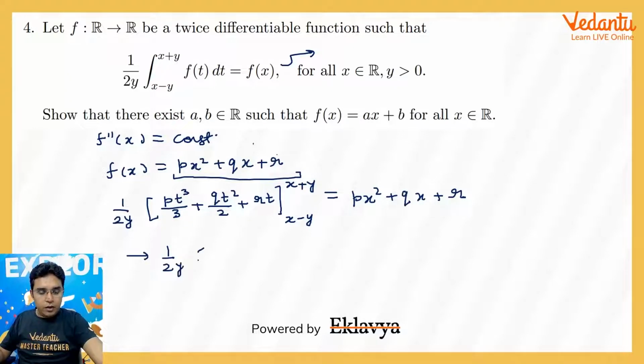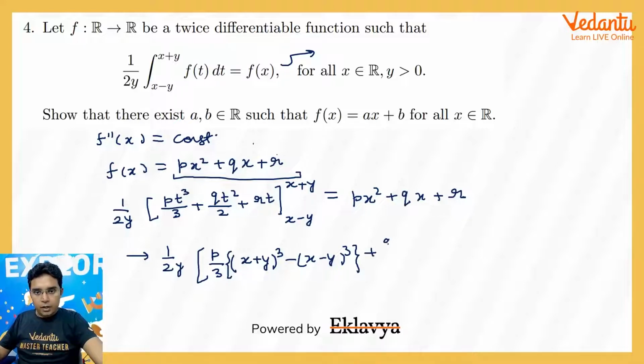Now let us put the limits. So this will be 2y here, p by 3 into this t cube. I will first put x plus y whole cube, then I will put x minus y whole cube and take the difference of these two.